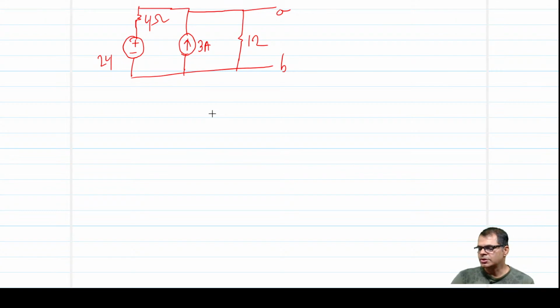Find the Norton equivalent circuit at A and B. You see here, you can easily do it when you short it.